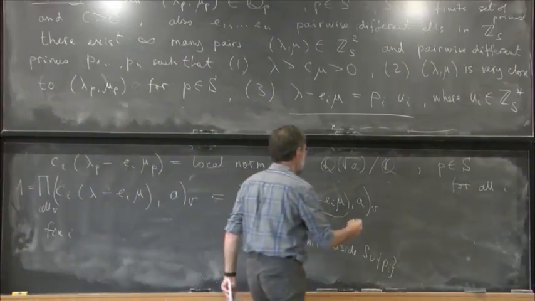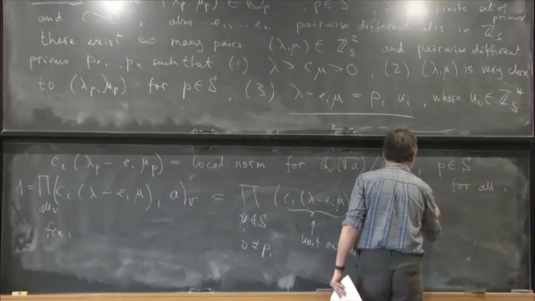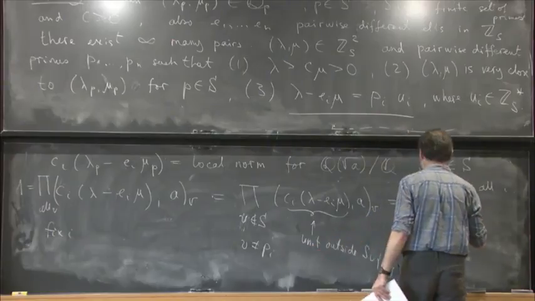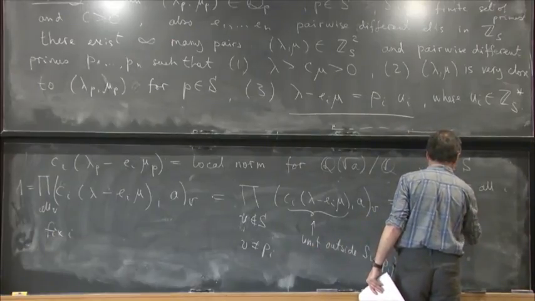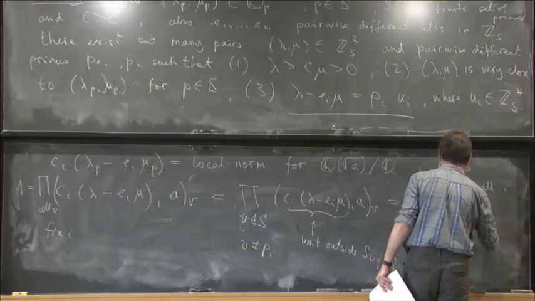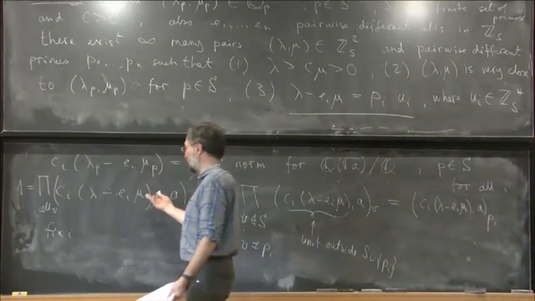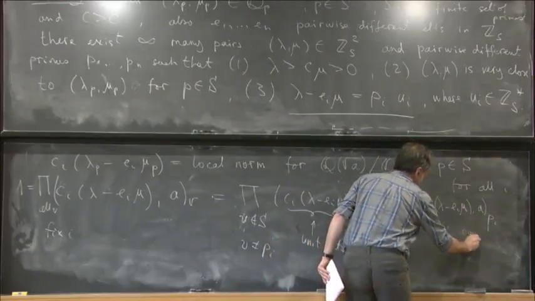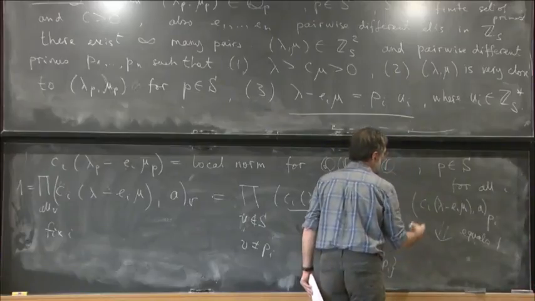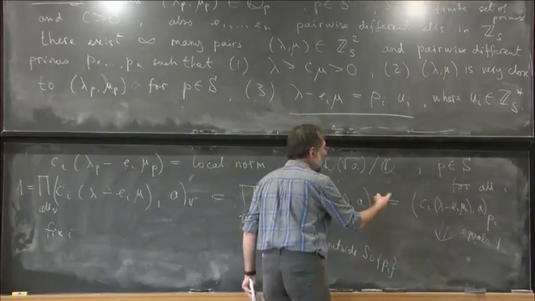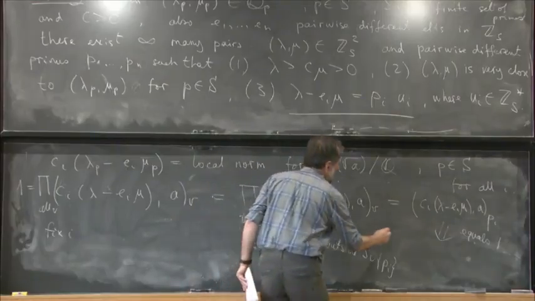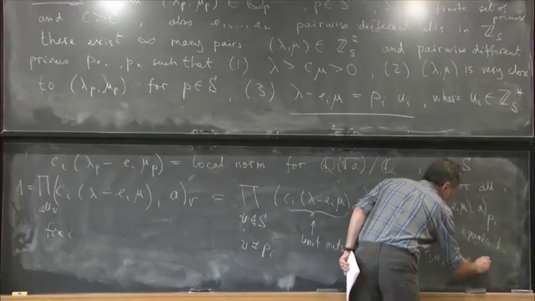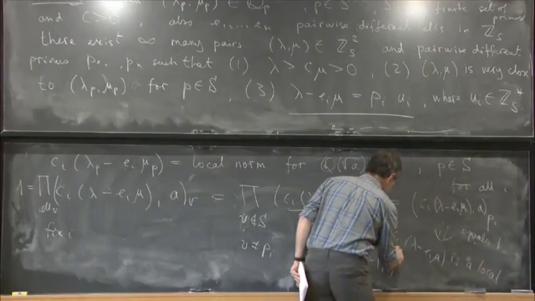So I end up with just one Hilbert symbol, and that is for p_i. And so by reciprocity, by the product formula, this must be equal to 1. And therefore c_i, lambda minus c_i mu is a local norm everywhere, and hence a global norm.